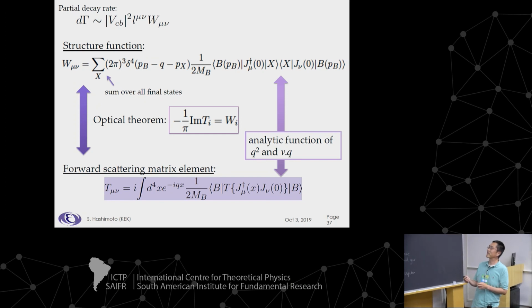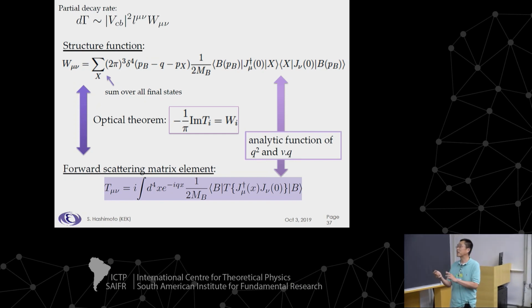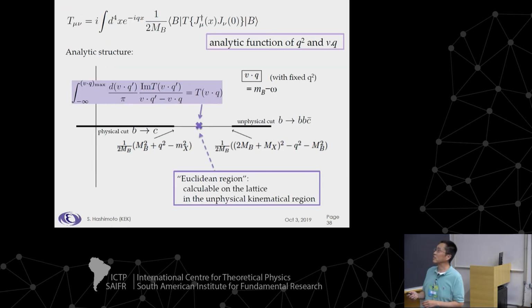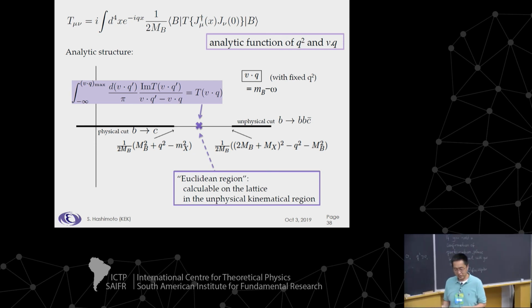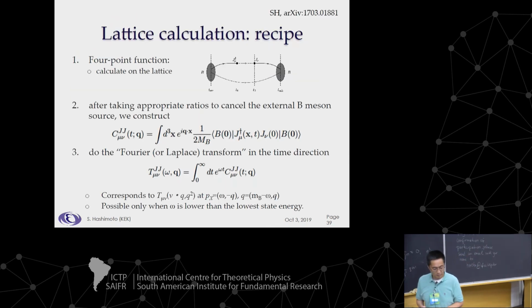It is more complicated because there are two kinematical variables, and the analytic structure of the function is much more complicated, but conceptually they are essentially the same thing. So I personally want to extend this kind of idea to other more complicated quantities. I'm about finishing.